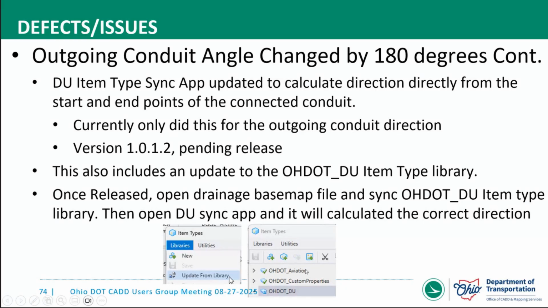You'll notice it'll be like a little triangle if the item type library that's copied in your file is not the same as what's in the dgen lib. You'll see a little triangle. If it is, you'll see a green checkbox. So you pretty much just click on it in the item types dialog, and then in the libraries drop down, you just hit update from library, and that'll bring in all the updates that I have.